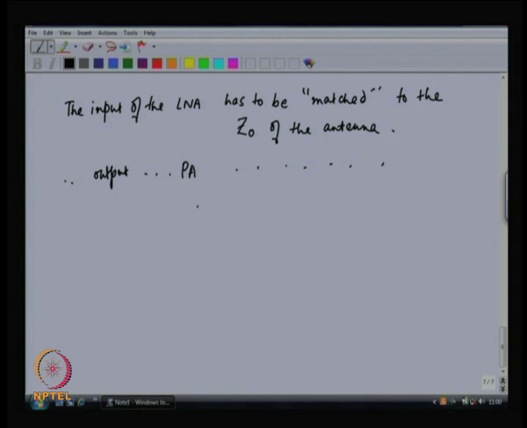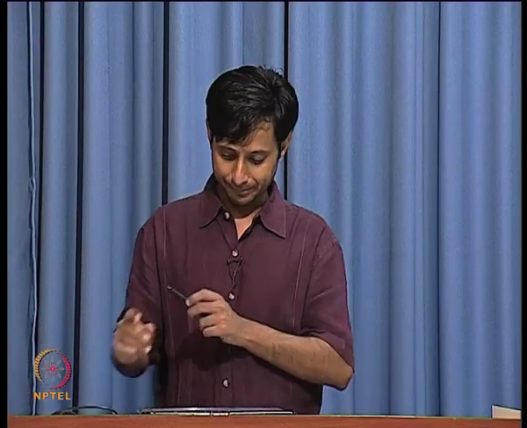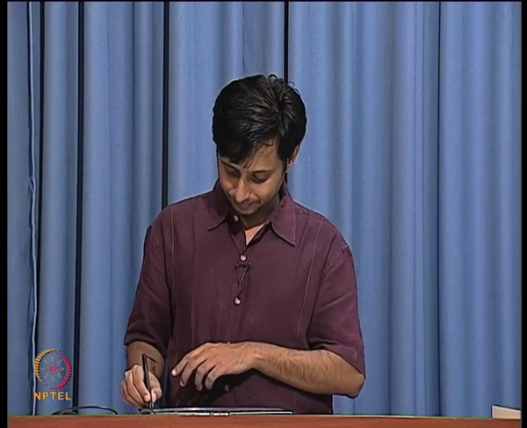So, when we are going to design our low noise amplifier, or when we are going to design our power amplifier, the input or the output impedance of these two structures has to be matched to the characteristic impedance of the antenna. Okay. What else?